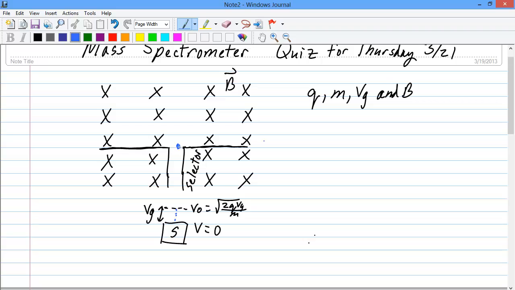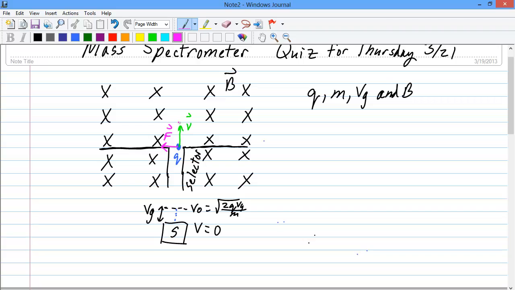So if I put my charge right here, and remember it's positive, which way is it going to go? By using the right-hand rule, I know that its initial velocity is up, the magnetic field is inward, so the force on the charge has to be to the left.